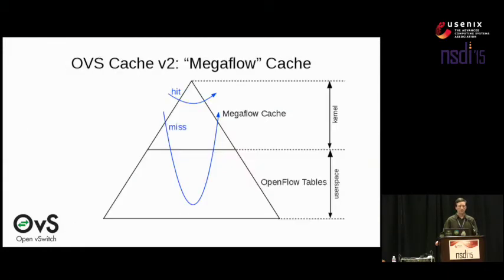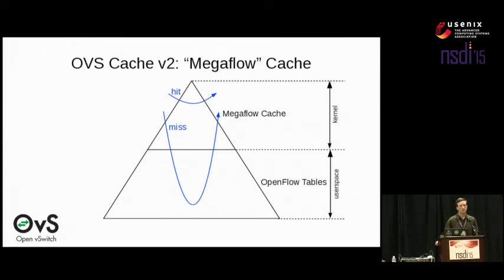So first of all, with the approach that I've described so far, if any of your OpenFlow tables match on a particular field, then the resulting megaflows will always match on that field also. And if you end up with megaflows that match on, say, TCP ports, then the cache effectiveness of those is almost like microflows.